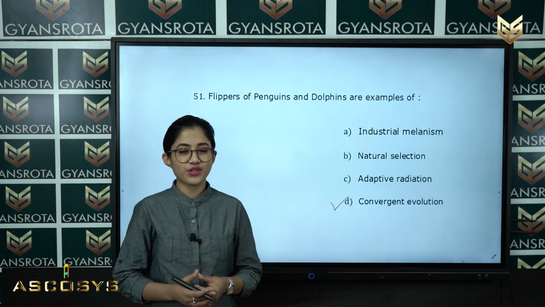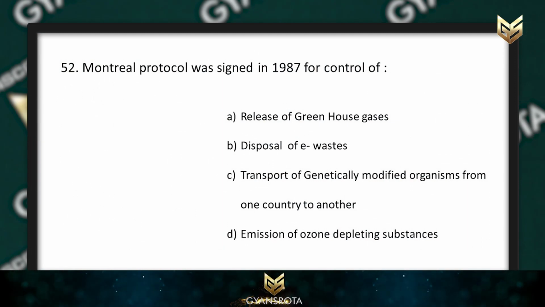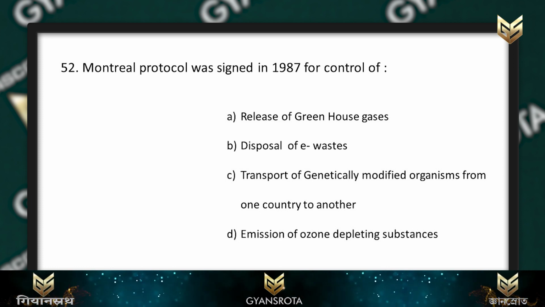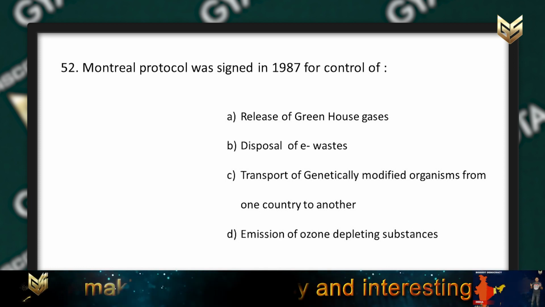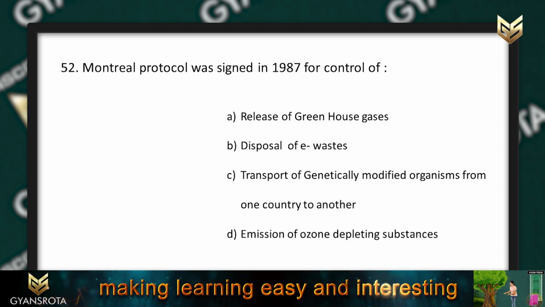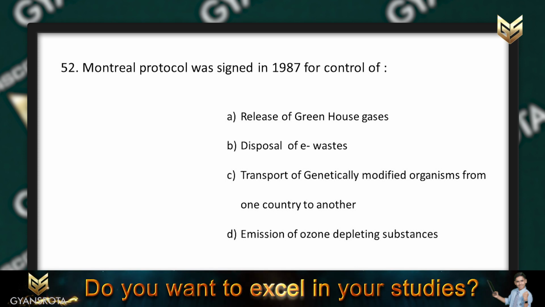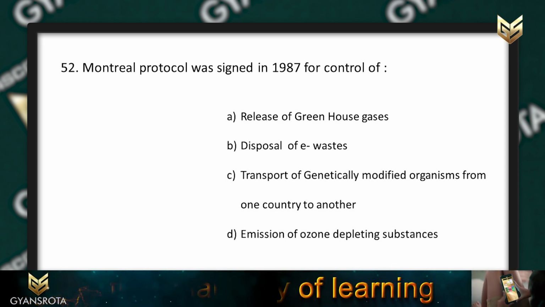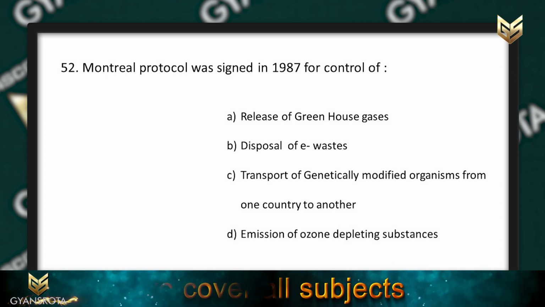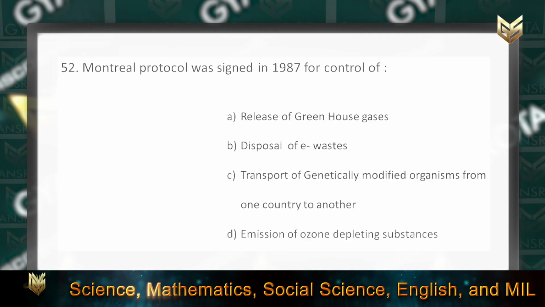Now let's see the next question, that is question number 52. Montreal Protocol was signed in 1987 for control of option A, release of greenhouse gases, option B, disposal of e-waste, option C, transport of genetically modified organisms from one country to another, and option D, emission of ozone depleting substances.